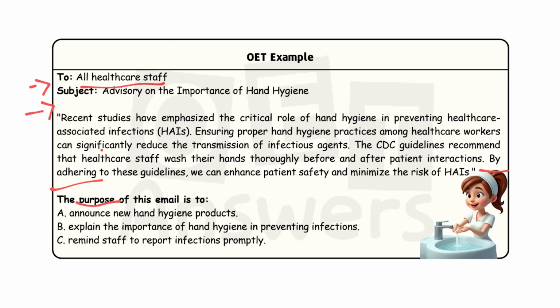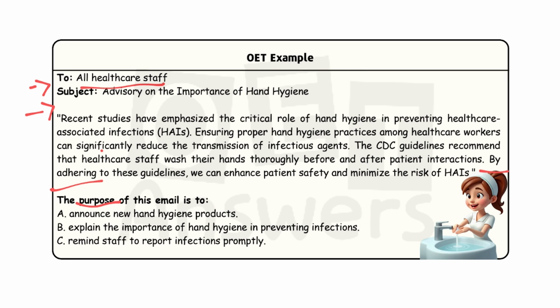So the paragraph is only given to emphasize hand hygiene or the prevention of infections. This is the intention, objective or purpose, we can say. For example, think that a person is walking in the rain, and the floor is slippery.